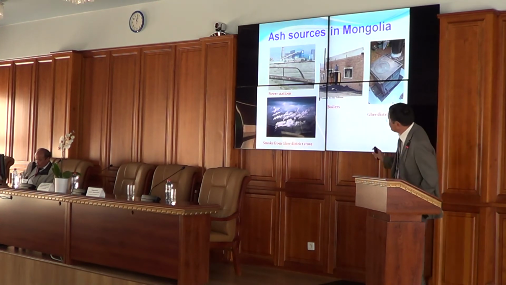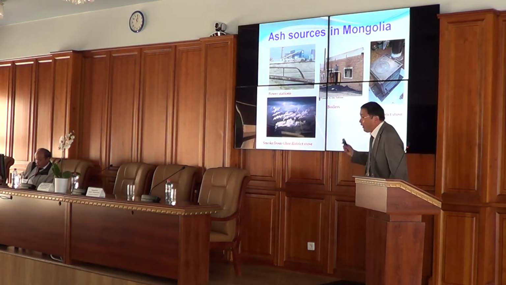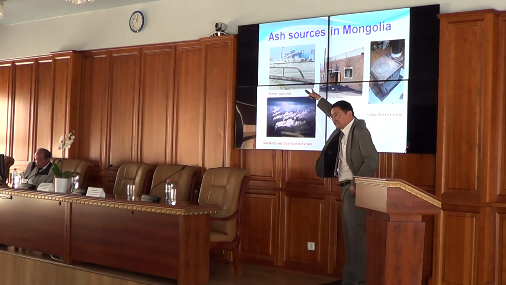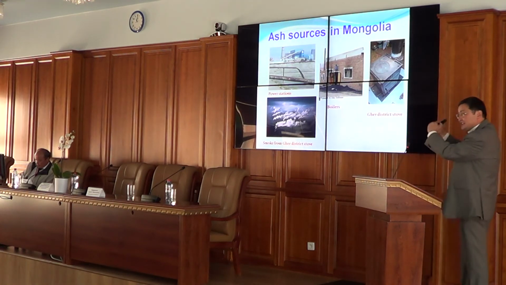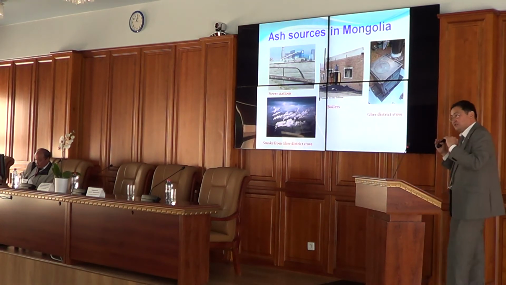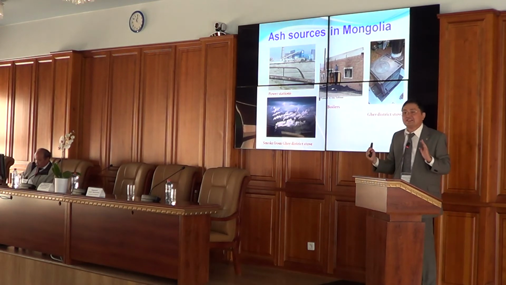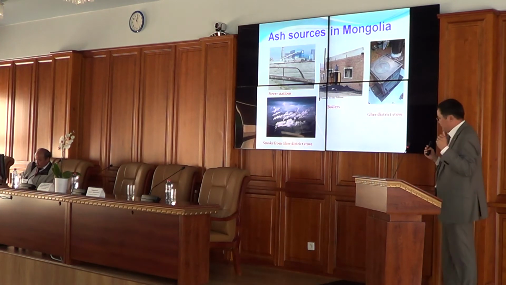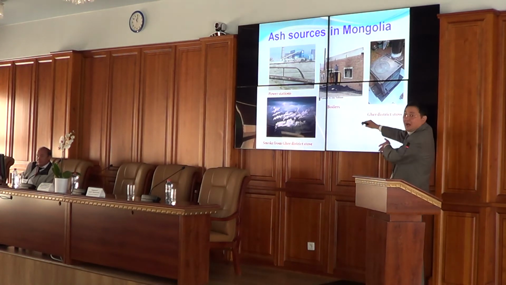And it turns out that at power stations, as I said, all the non-used ashes are kept here. You can see the ash produced goes into an ash pond. Each year at Mongolian power stations, 400,000 cubic meters of ash flows into the ash pond.